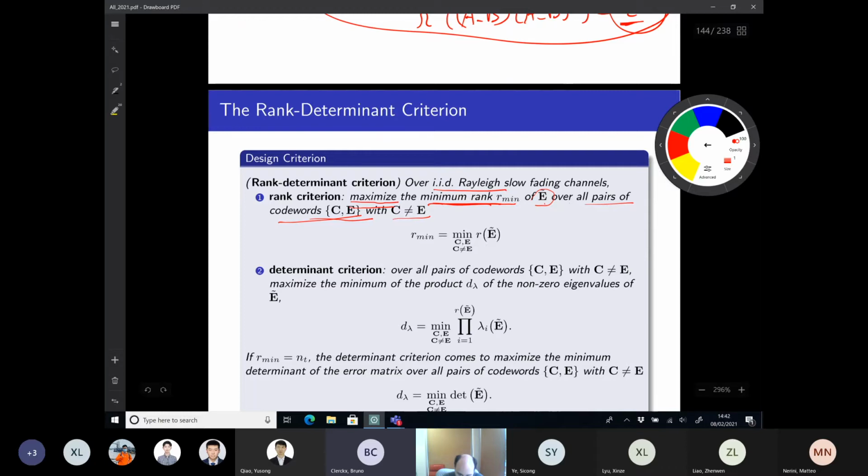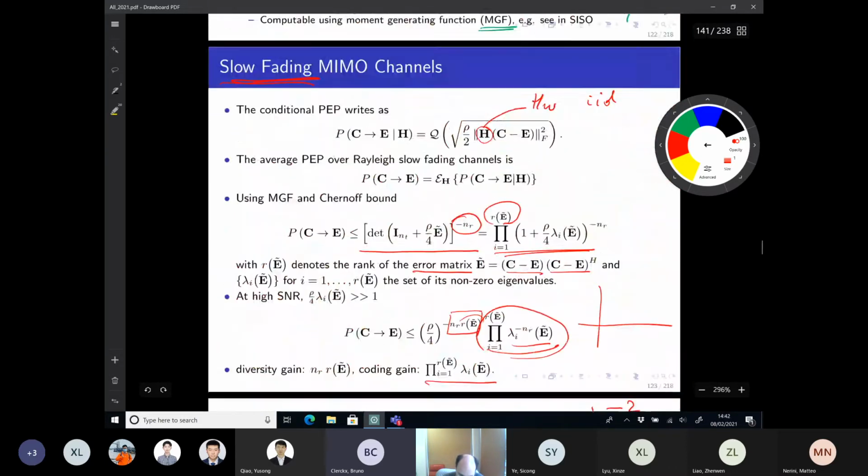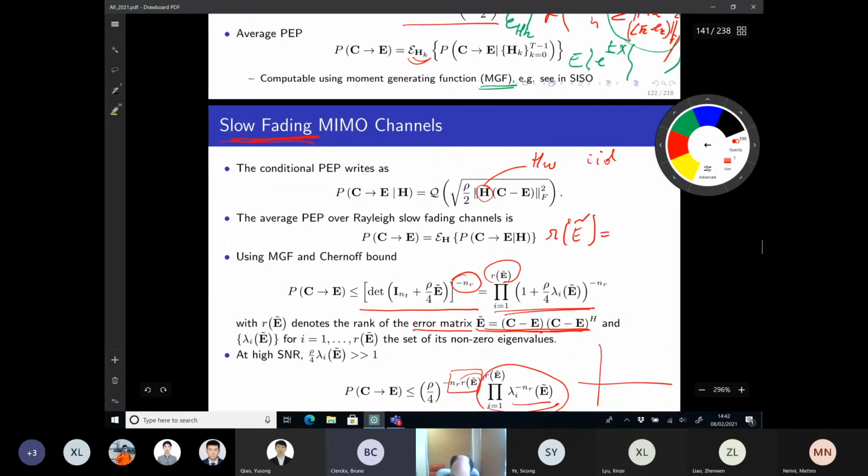And so if you have matrices E like this, what is the maximum rank you can have? The rank of E tilde here is at most equal to the minimum between T and NT, right?